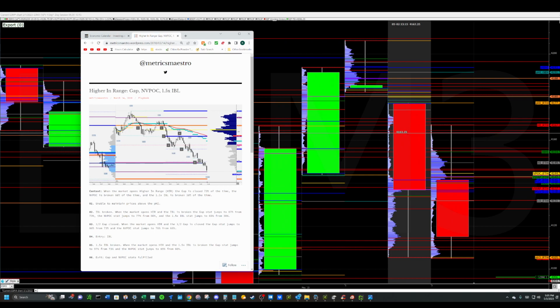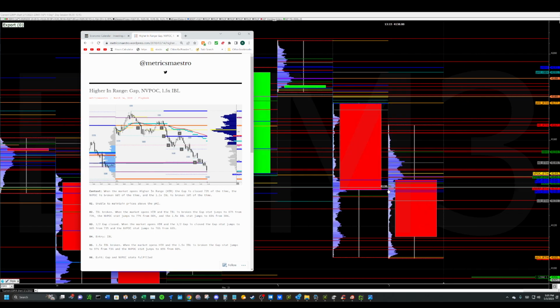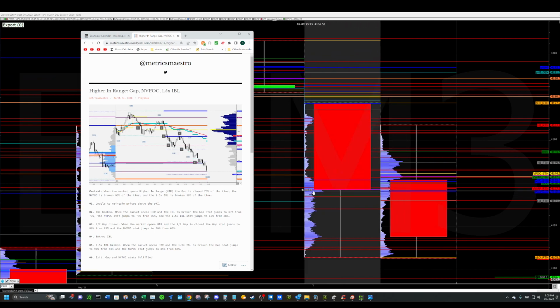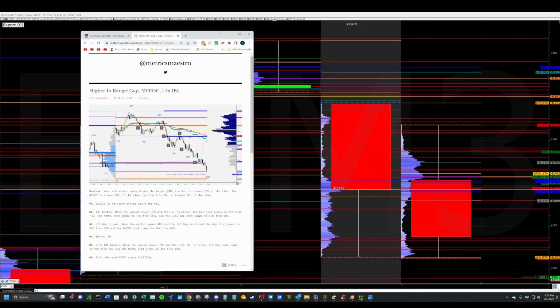This thing overlays the candles. I don't like that. I wish the candle wouldn't cover up the volume profile like that.